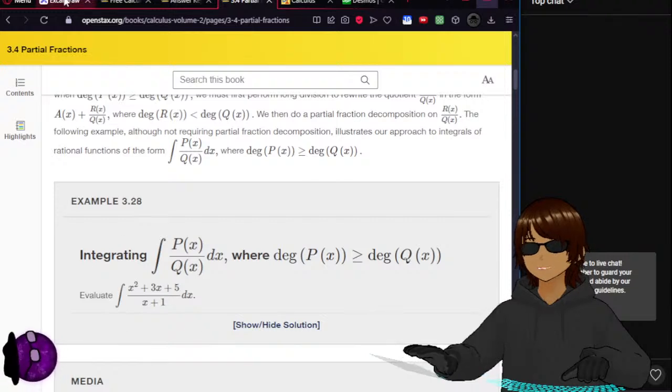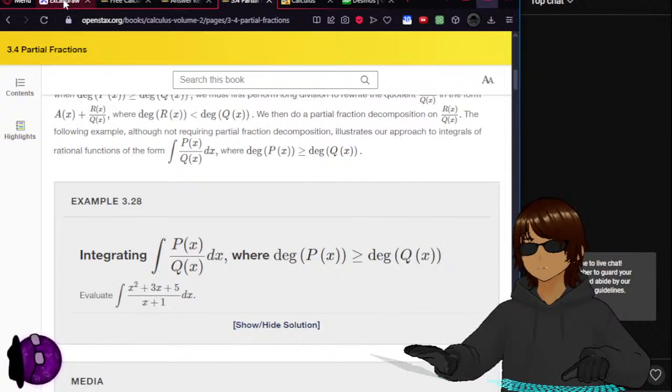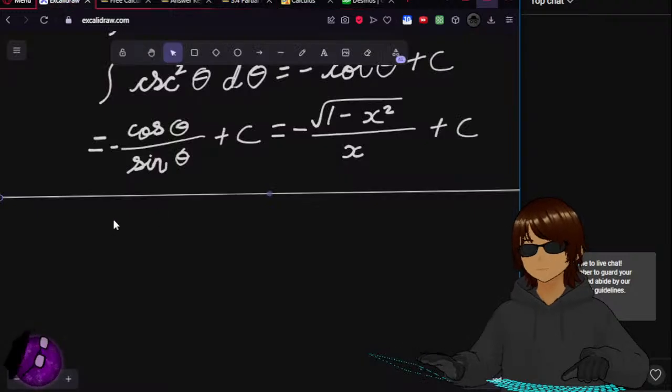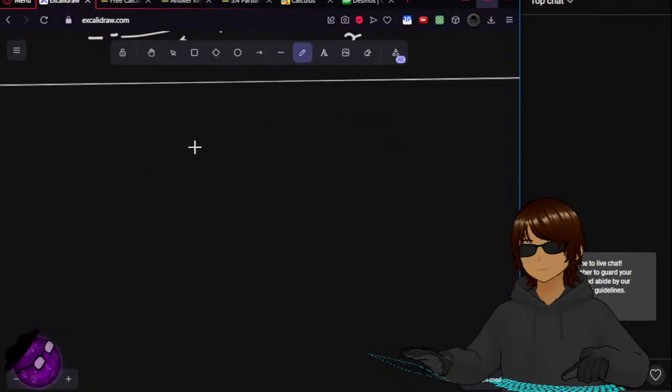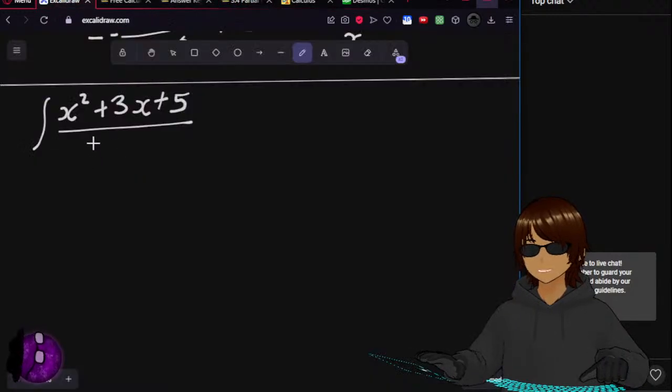Okay, for this case, x squared plus 3x plus 5 over x plus 1.